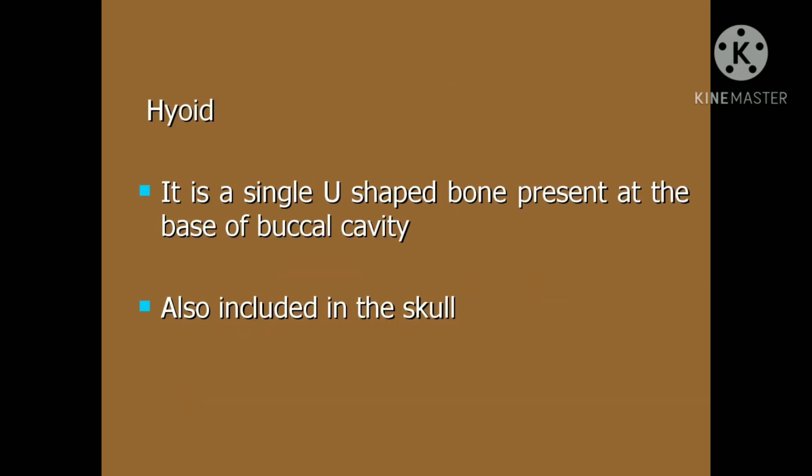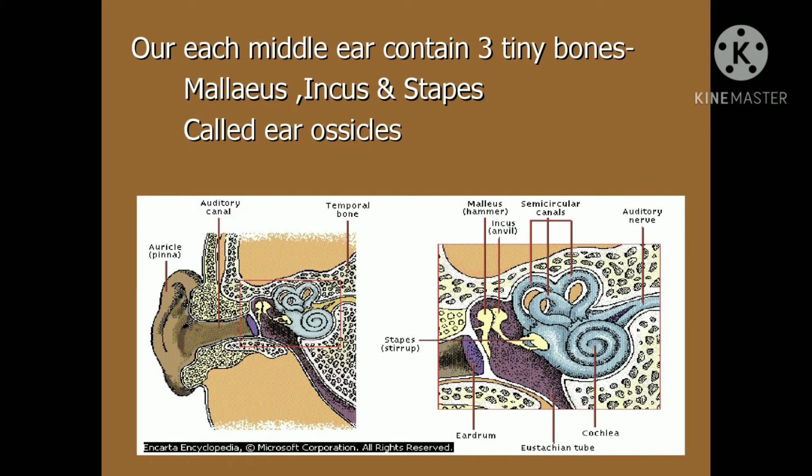The hyoid is a single U-shaped bone present at the base of the buccal cavity, and it is also included in the skull. Now we see the picture of our ears. Generally our ear consists of three tiny bones: malleus, incus and stapes.